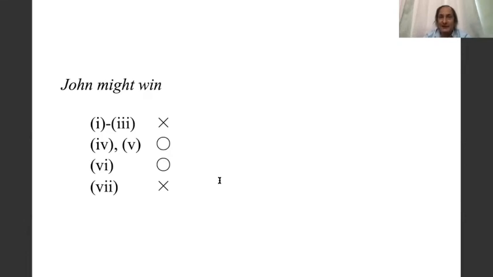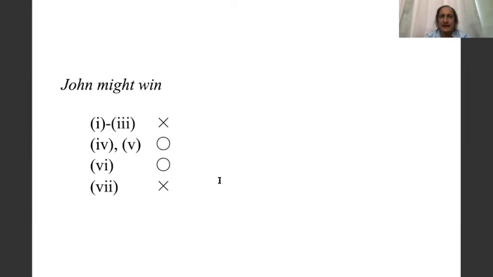But it could actually be that John is playing a game that he knows nothing about, that he doesn't even know the rules to, and one of the rules is if you make a mistake, you lose. So there's really no possibility of John winning. In terms of his ability, he doesn't have the ability to win.